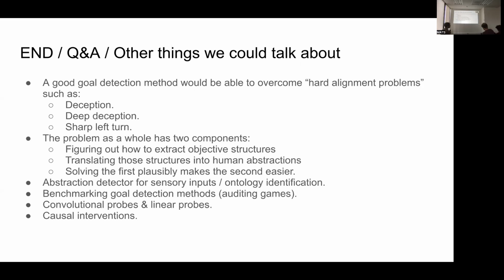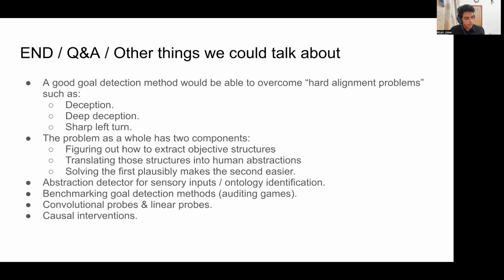The last time I spoke to him about it, his main take was that his version of abstractions is powerful and simple enough that he anticipates the main problem we'll run into is that objectives are just too complicated, and that abstractions are simpler to work with as a starting point. But I think that if you start out with objectives and it actually works, if you can actually extract these things to begin with, then the problem of translating between what these structures represent and human-understandable abstractions becomes much more reduced than the fully general problem of figuring out abstractions.